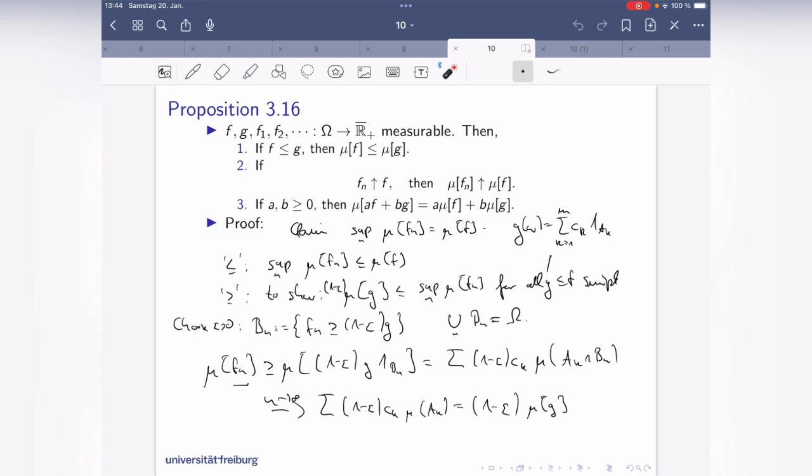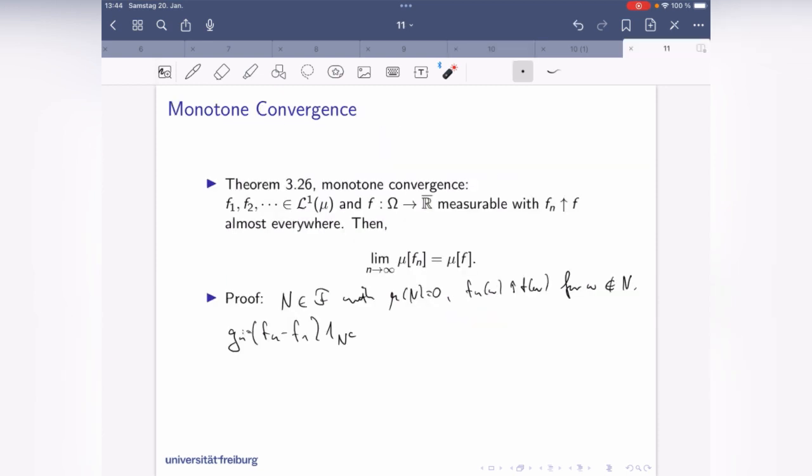And since I have Fn minus F1, I have that Gn goes to R plus. So I can use this in the following sense. So first of all, this here grows to f minus f1, times the indicator of the complement of n.